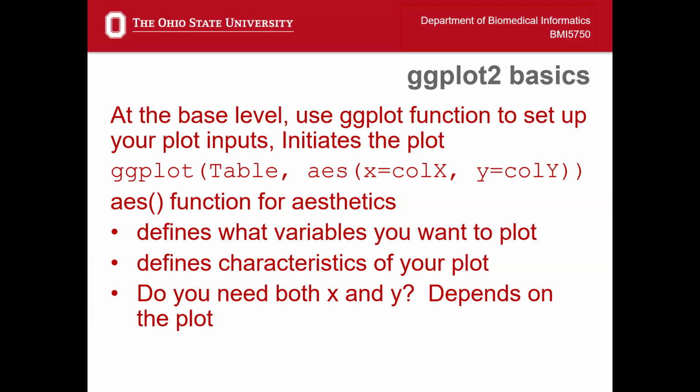What column from your table do you want to use on the x-axis? And what column from your table do you want to use on the y-axis? Some types of plots might only have x. They might not need y. You can also include things like color or shape in the aesthetics, if it makes sense. But aesthetics define the characteristics of your plot, and it tells the function what columns from my table are being used to plot.